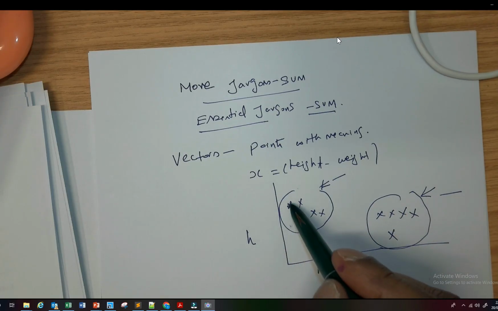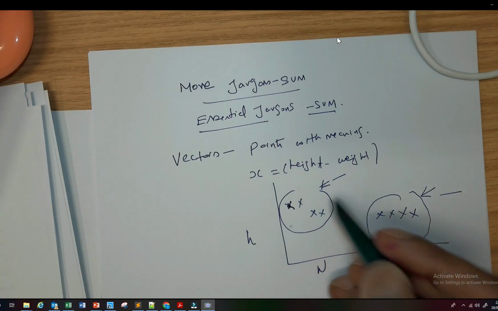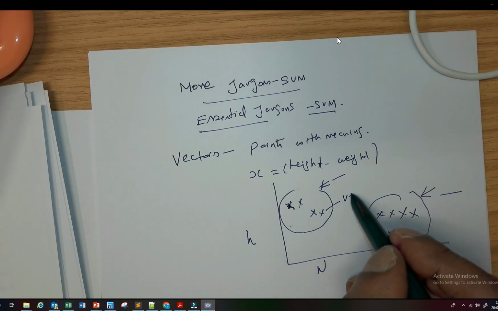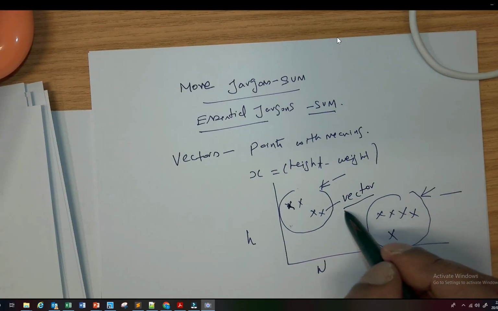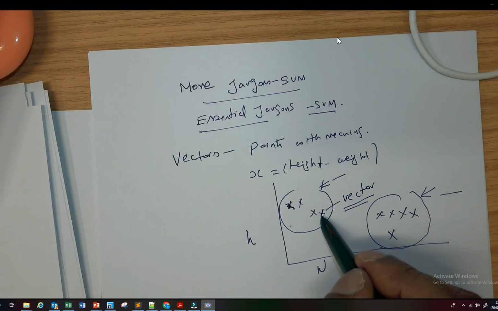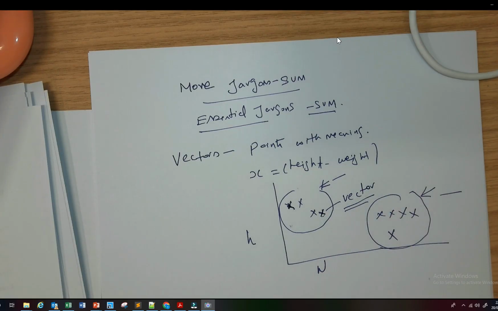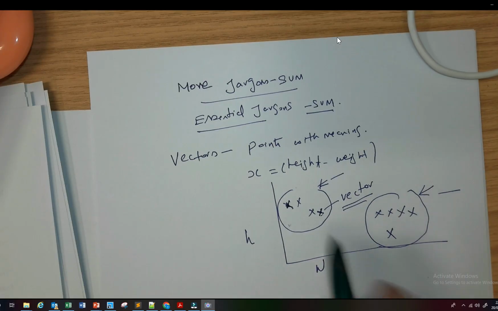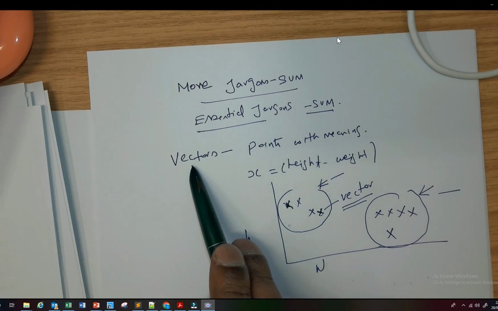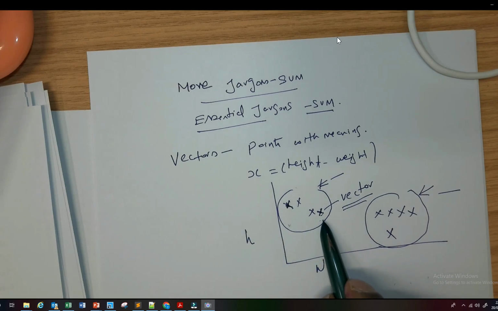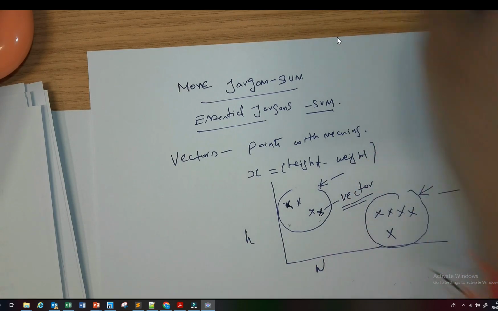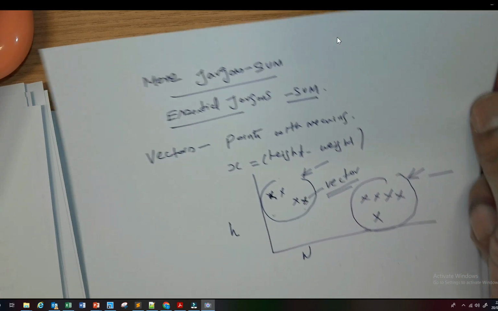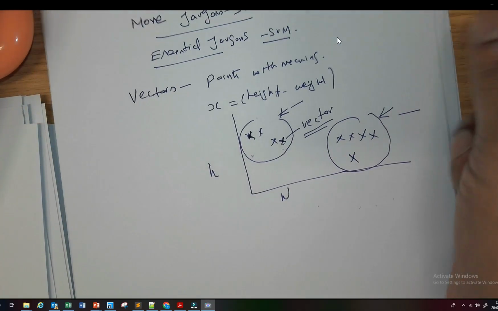So each point becomes a vector. Each point is a vector. This vector has a meaning. This vector tells something about the height and the weight of the student. That's why I call it a point with meaning. Each point is something we can call a vector, and each point has some meaning. It tells something about the quantities involved, or the quantities that we are trying to measure.